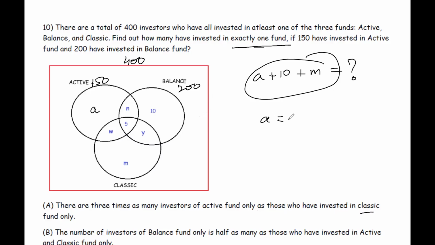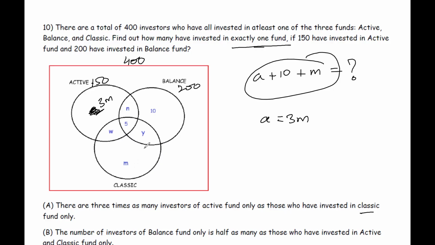So A is 3M. So that's what the first statement means. A is 3M. So we know that this A is now 3M. Correct?